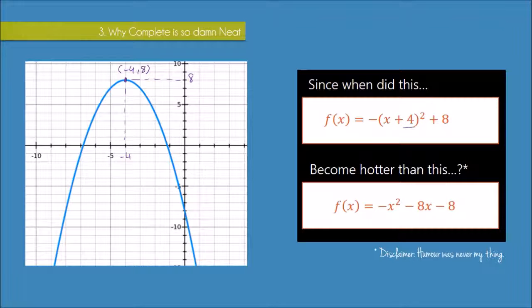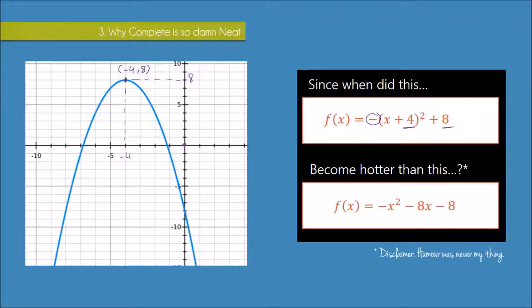Inside the bracket here, we see a +4, which means that the graph is located 4 units to the left of the origin. And the 8 at the end means that its turning point is located 8 units above the origin. And the minus at the front, again, means that it's an N-shaped graph.